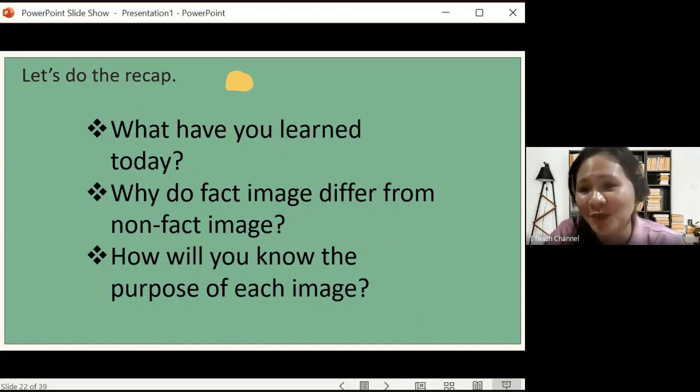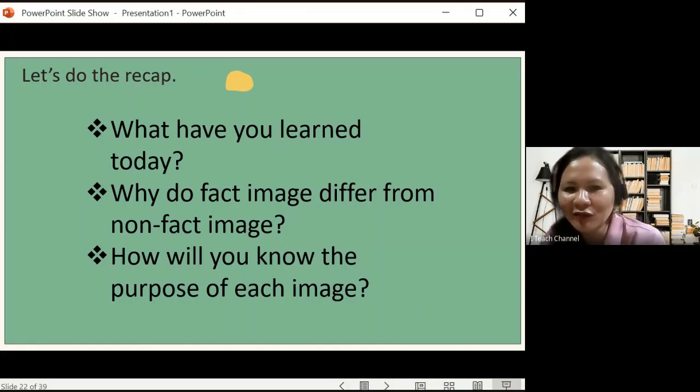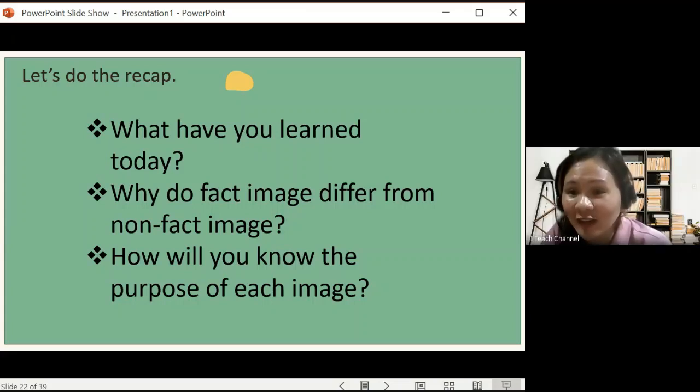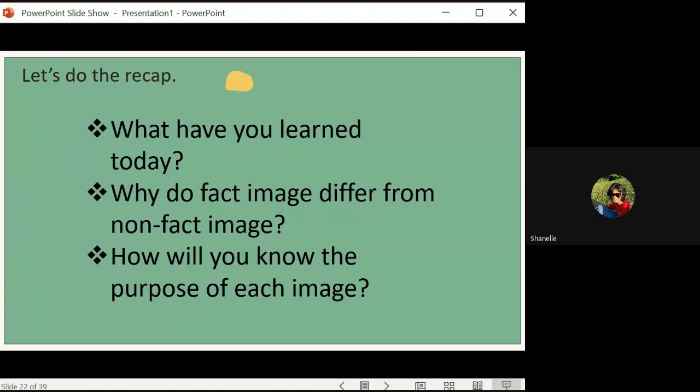Now, let's go to the non-fact images. What are the purposes of the non-fact image? Yes, Fernando? To entertain. Yes, just like the fact image, its purpose is also to entertain. Chanel? To persuade. Yes, that's true.